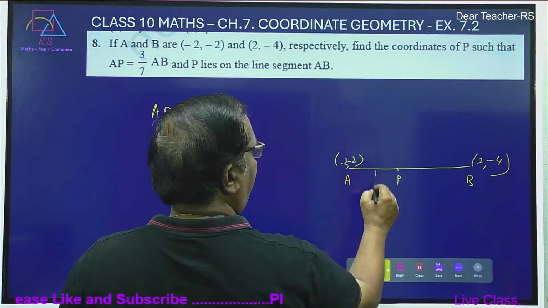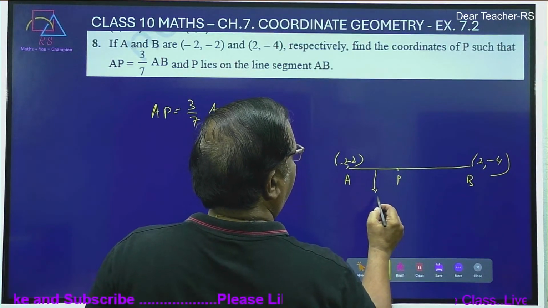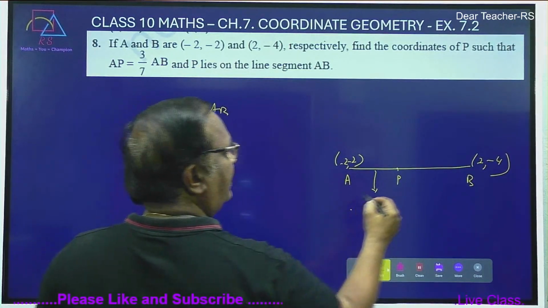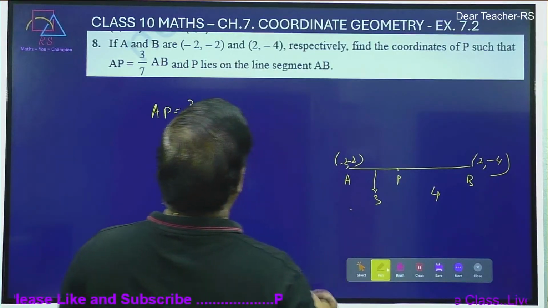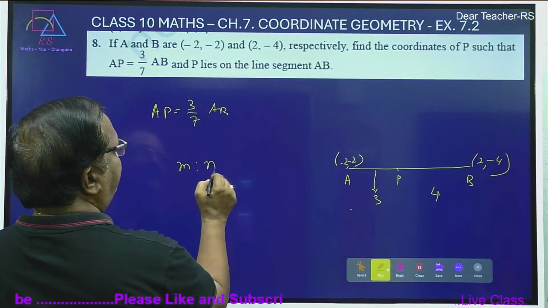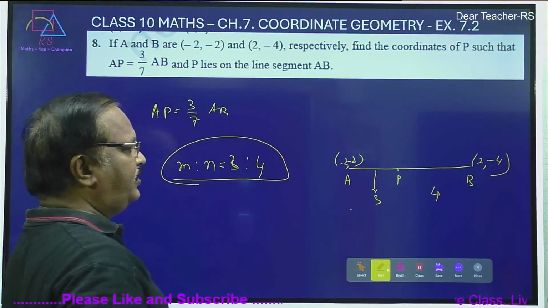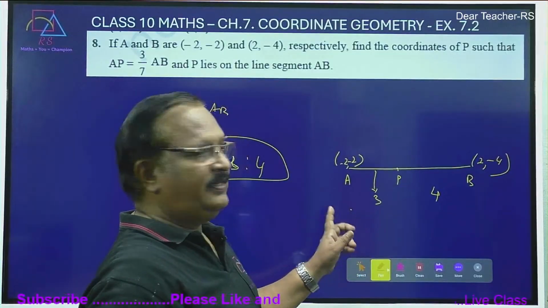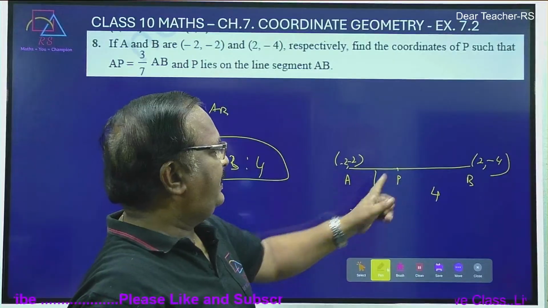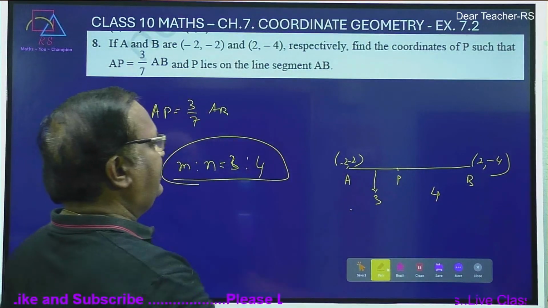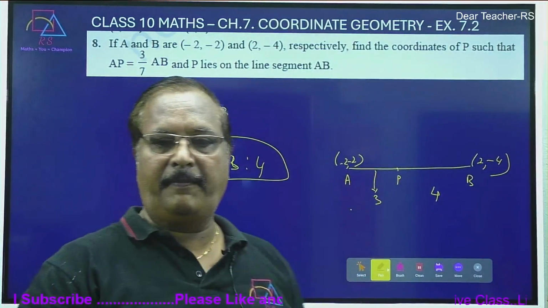That means this part is 3/7, so total 7 parts. Out of 7 parts, here 3 and here 4. So m to n is 3 to 4. This is x1, y1, x2, y2. Use the section formula and you will get P.